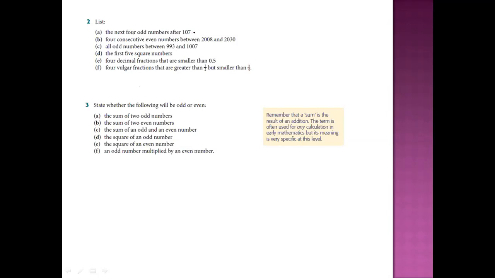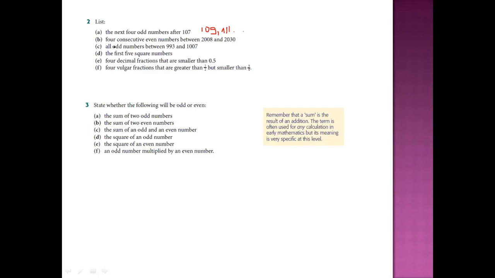After 107, the odd number is 109. Yes. After that, 111, which is not divisible by 2. You cannot divide it. And the third and fourth, you can write in the comments.